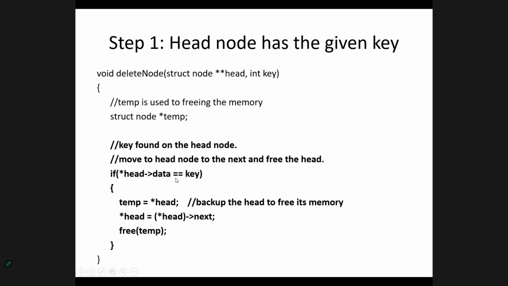If head data is the key, then we assign head to temp. This temp is to keep all the deleted items. So we assign head next to head, then free. If you don't need this to be stored in the temporary node, you can free up the temp.